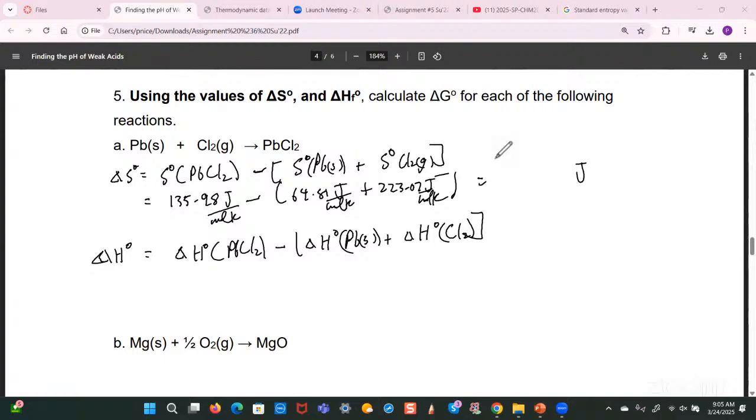Let me do this again. 64.81 plus 223.07, and then subtract that from 135.98. The answer I got, and again, please correct me if I'm wrong, is minus 151.90 joules per mole Kelvin.